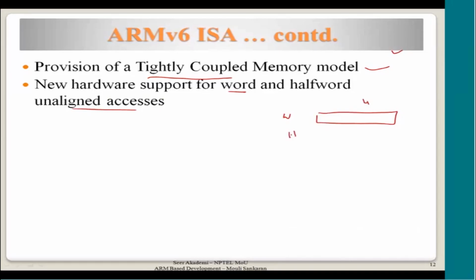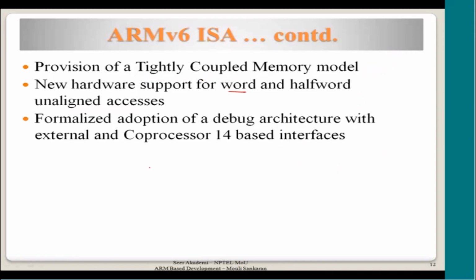Half-word accesses have to be 2-byte aligned. So there is no question of reading a half-word which is not 2-byte aligned. So that restriction has been removed. So even if it is not aligned, even on an odd boundary, the access will be made. So that kind of flexibility is there.